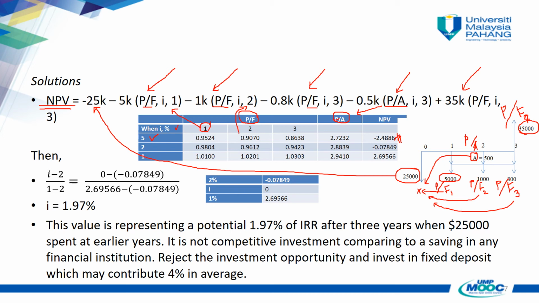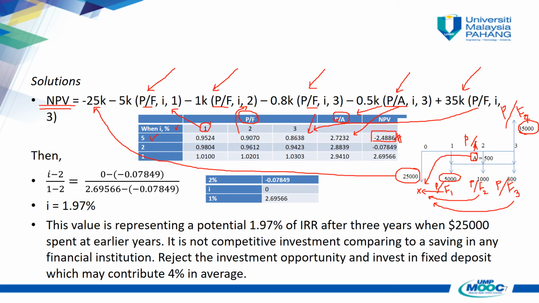We can use both here, no problem. And then P over A, we take this value from the compound interest table for 5%, and then we will see that our NPV, after we insert all of those values, we got negative 2.